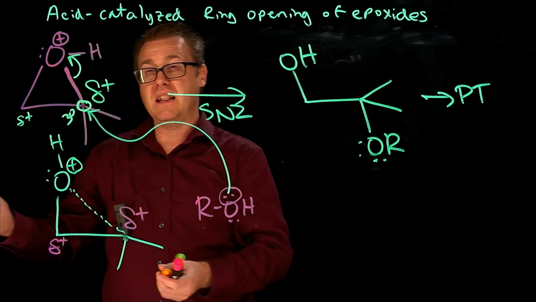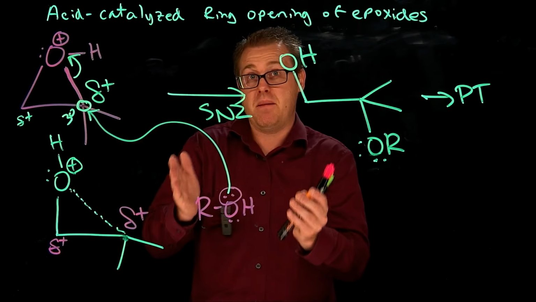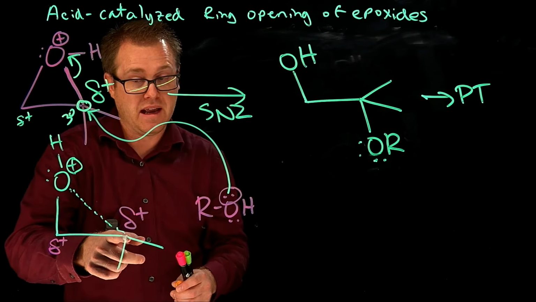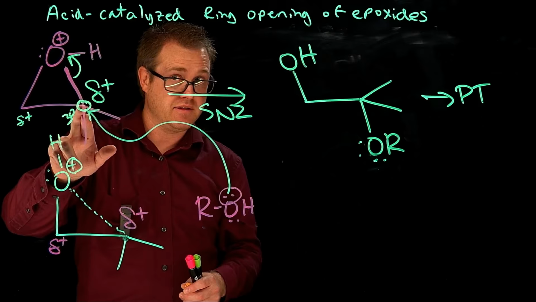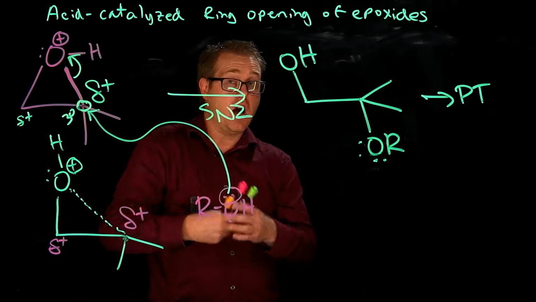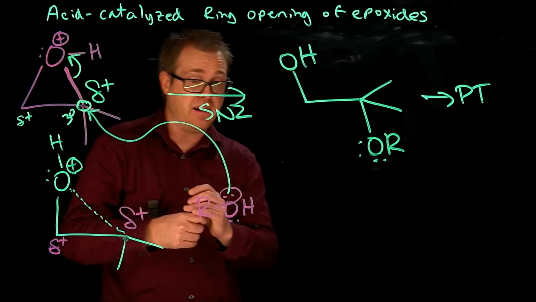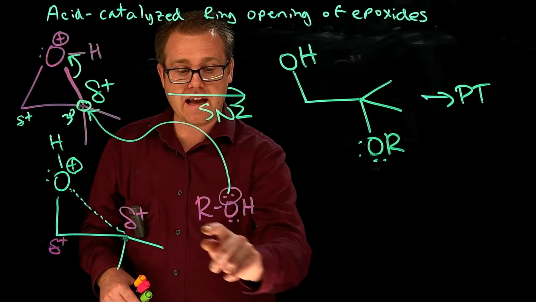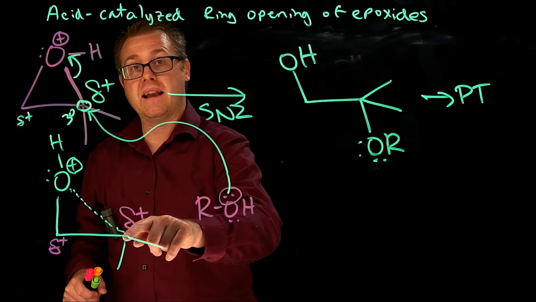It's more planar, so it's in between. This carbon isn't 100% tetrahedral and it's not 100% planar, but it's different enough for this alcohol to be able to approach and attack.